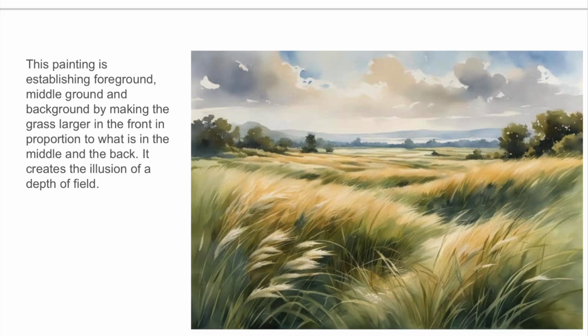So proportionately, or scale-wise, we can infer that the things in the bottom part of the composition are in the foreground of the image. Middle ground would be some of those hills that are sort of dead center in the horizontal. And then beyond that, we start to lose all sense of detail, and they're just very small, scaled down sections of color that we can understand as being the wheatgrass, even though we don't see the details of it much anymore. And that really tells the tale of what the foreground, middle ground, and background are.